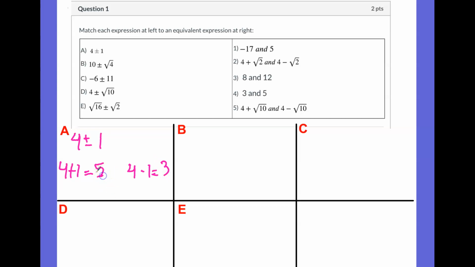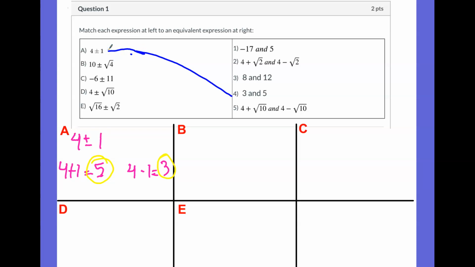So let's see if we can find 5 and 3 on the right side. Yep, we find number 4. So expression A matches with expression 4, not number 4. Okay?